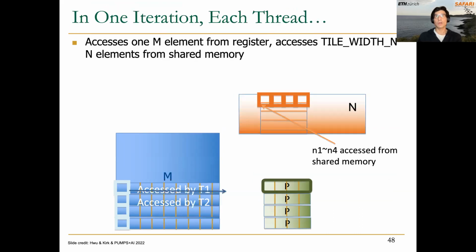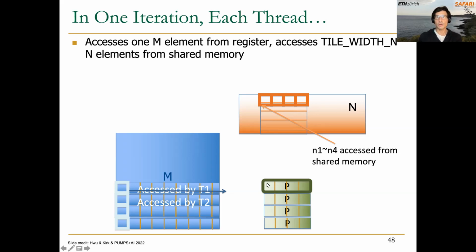So in one iteration, each thread first accesses one element of M from registers, and then accesses tile width N elements of the matrix N from shared memory.